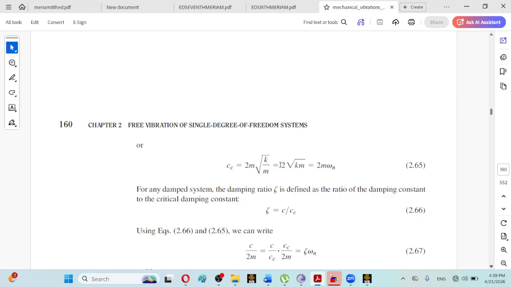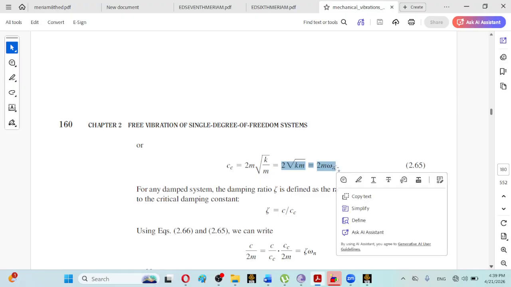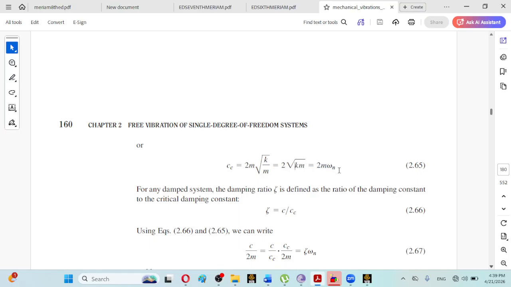Remember, from the point of view of solving problems, students must remember these two alternative forms: one is 2 square root km and the other is 2m omega n.